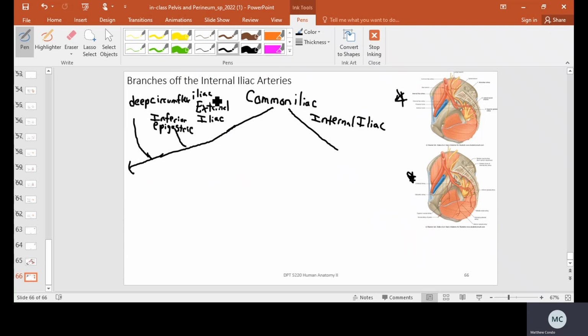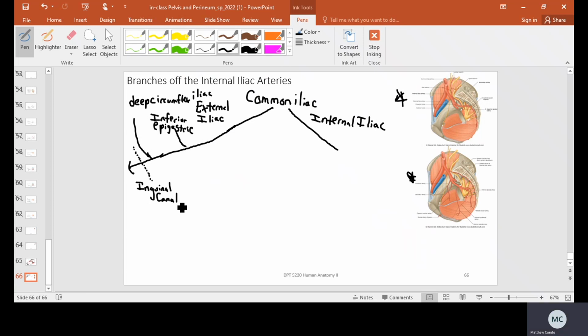Now, once the external iliac artery gives off those branches, I'm going to draw a little dotted line in here. And that little dotted line is going to be the inguinal canal. Once that external iliac artery travels distal to the inguinal canal, or the inguinal ligament, it's going to change names, right?